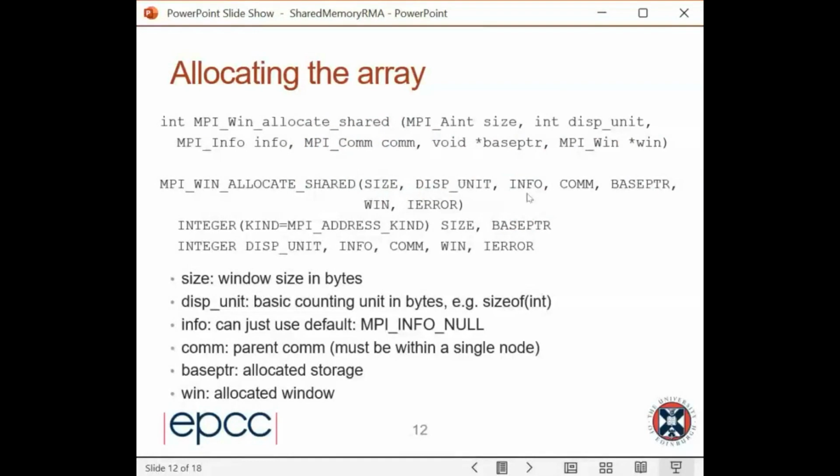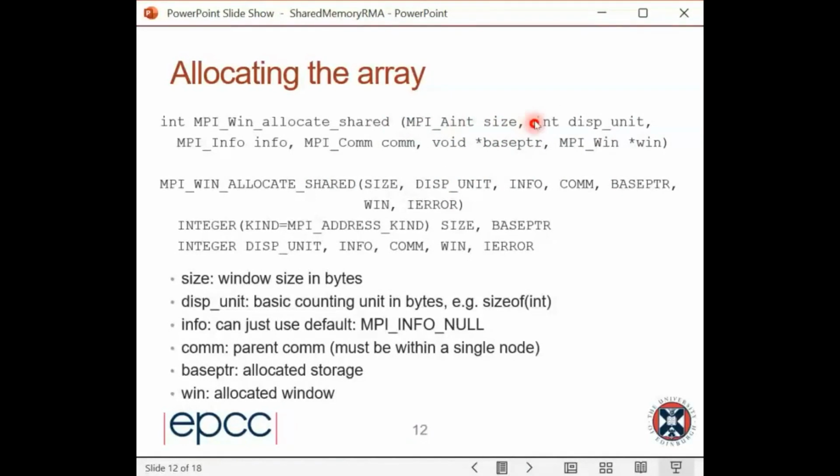If you passed in MPI_COMM_WORLD here and it was on multiple nodes, it would complain. So basically, this is just like a malloc, where you get back a base pointer, which is the pointer to your part of the subarray. Okay? But there is lots of stuff in here.